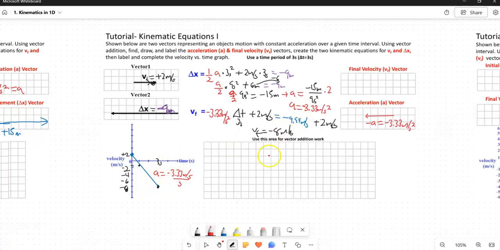Okay. So we could just go right to here and just draw that velocity vector as 1, 2, 3, 4, 5. So starting here, 1, 2, 3, 4, 5, 6, 7, 8. So ending here. So this is your final velocity vector, which is -8 meters per second. Okay.